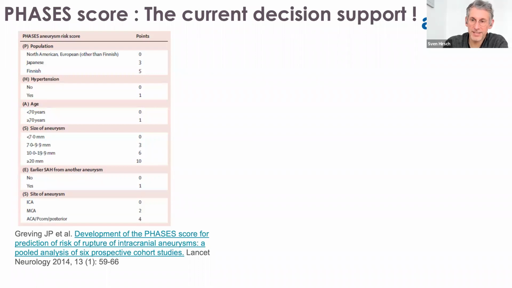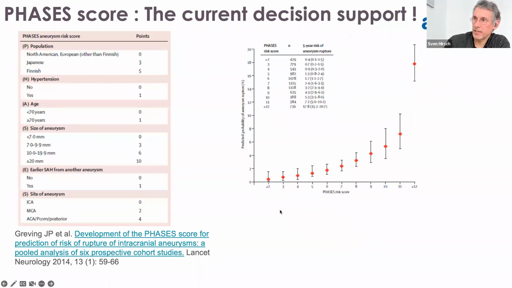So those are the only six factors taken into account. With that, it was shown with Cox regression that this gives a risk profile which is increasing. So when you have PHASES score risks, looking at these cohorts, the predicted probability of aneurysm rupture rises.